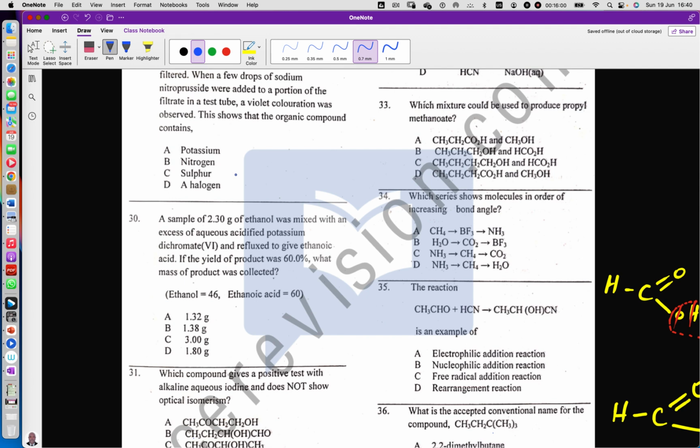Because I said initially, a violet color with sodium nitroprusside is a test for the presence of sulfur in an organic compound. So this shows that the organic compound contains sulfur. So C is our right answer for question number 29.